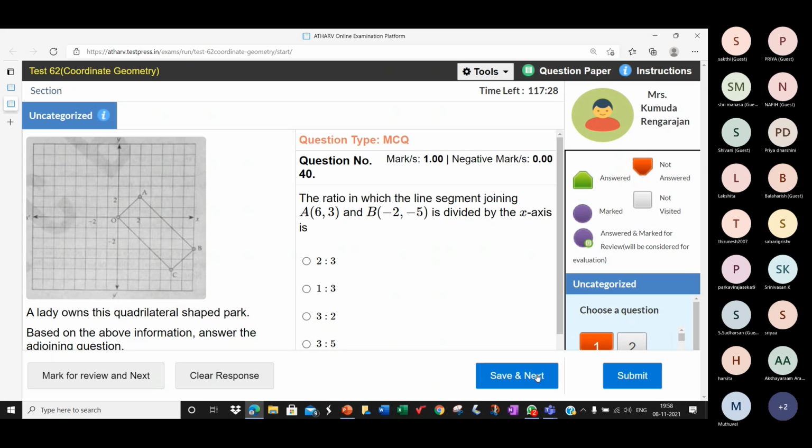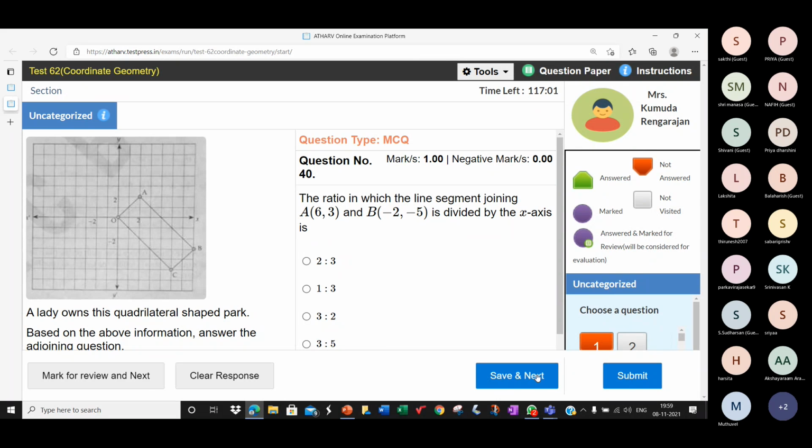So don't get confused. See here, the ratio in which the line segment joining A, B. So A actually here is given by 2, 2. Here they are given 6, 3. So this is a different A and a different B. Do not get confused with the figure given. This is different information, though under the same case study.